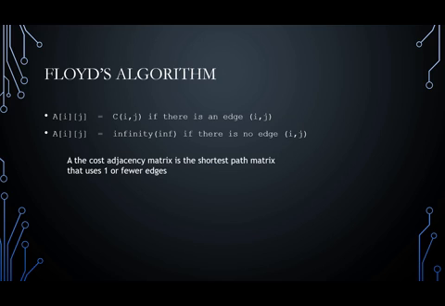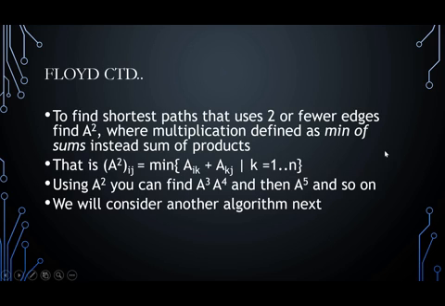If you don't have an edge, then you will initialize it to a value called infinity. Clear? So A is the cost adjacency matrix. We would consider only the direct paths in the cost adjacency matrix. In the first level cost adjacency matrix, we note only the distances or the weights for the direct edges that we have.